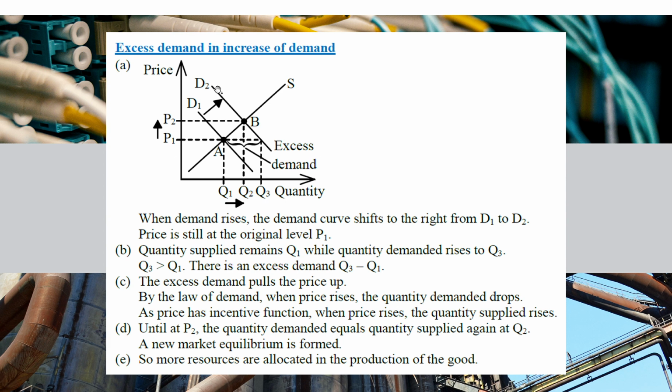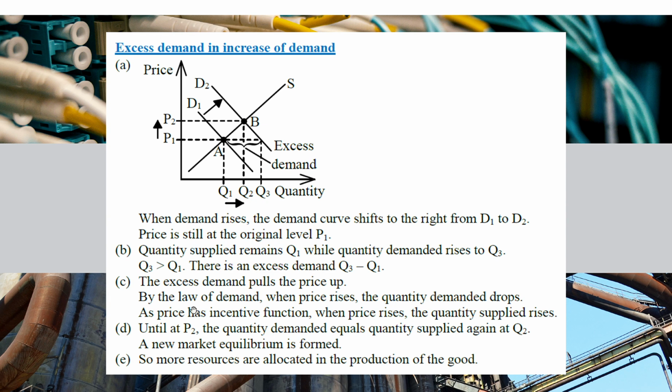But the demand curve has changed, right? So the quantity demanded becomes QD, and the quantity supplied is Q1. QD is larger than Q1. Excess demand. So the pricing mechanism starts. Because there's excess demand, the excess demand will push the price up. When the price goes up, by the law of demand, the quantity demanded drops, so QD drops.